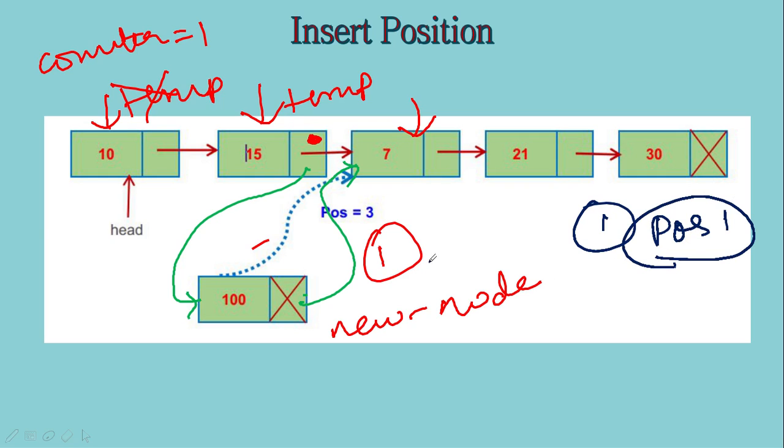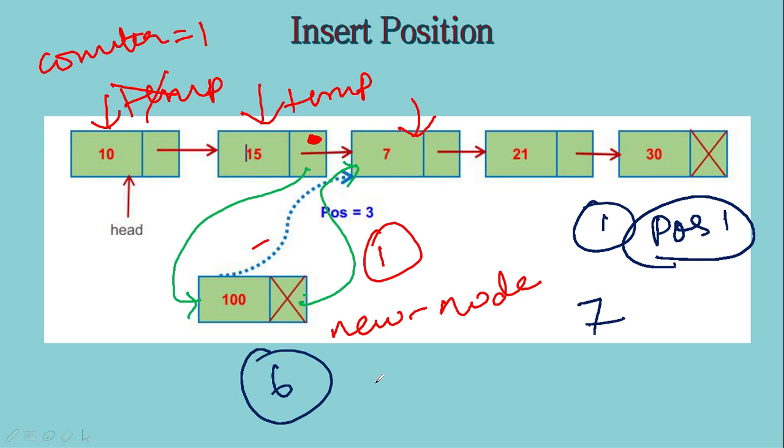Done. The second case is that whenever we are working with positions, we have to consider the validity of the position also. Here there are totally 5 nodes. Now if I want to insert as the 7th node, as per the algorithm I have to stand at the 6th node and do the operations.